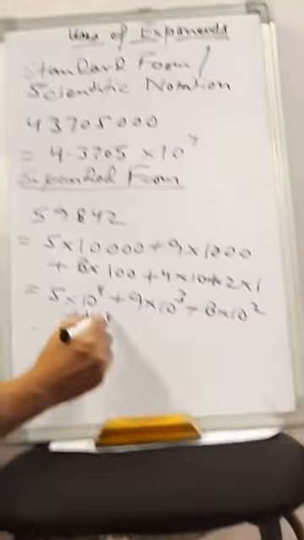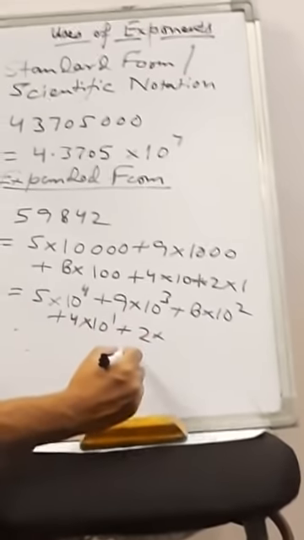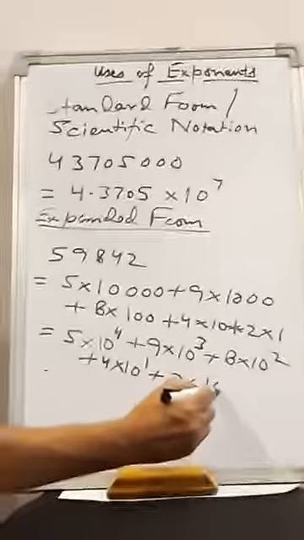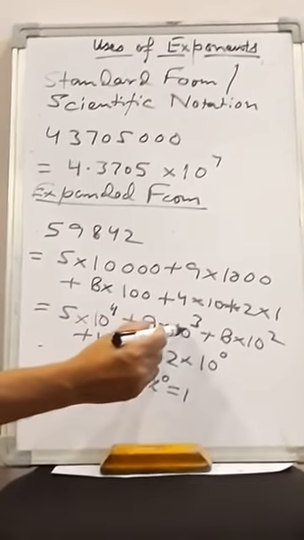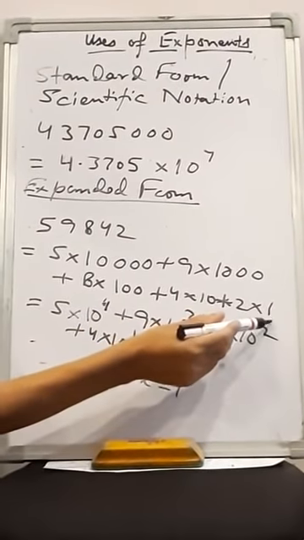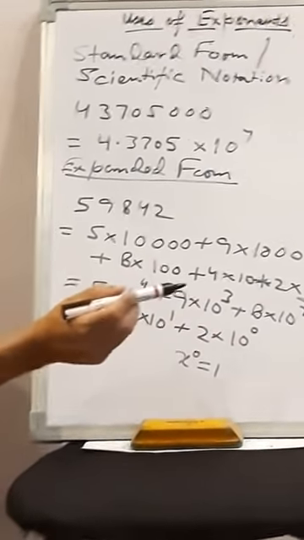And 4 into 10 to the power 1. Now here it is 1 only. Do you know x to the power 0 is 1? So we can write this as 10 to the power 0, because we are writing everything as a multiple of a power of 10. So here also we will replace this 1 by 10 to the power 0.